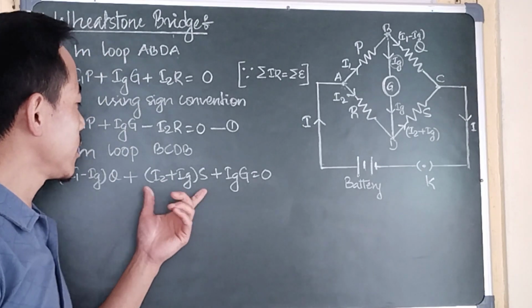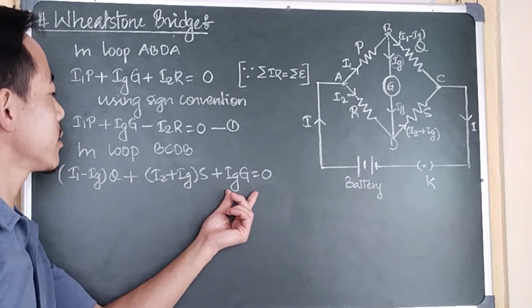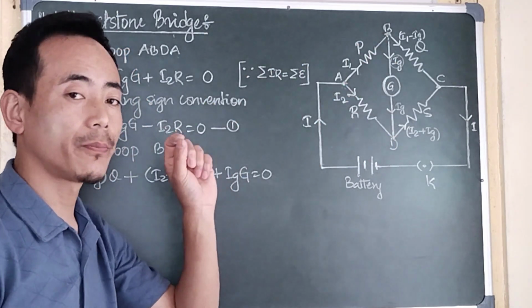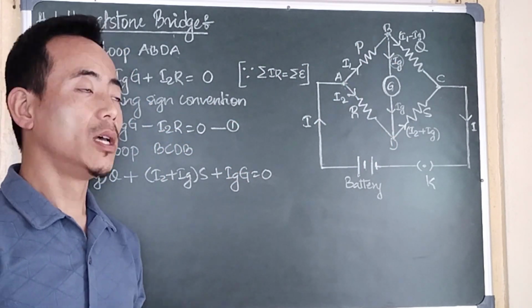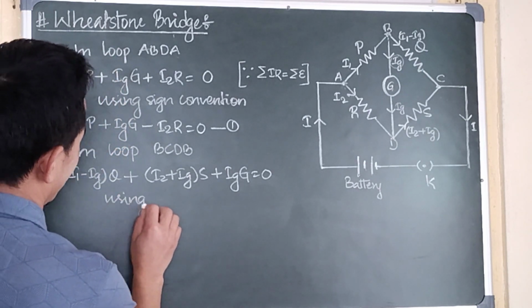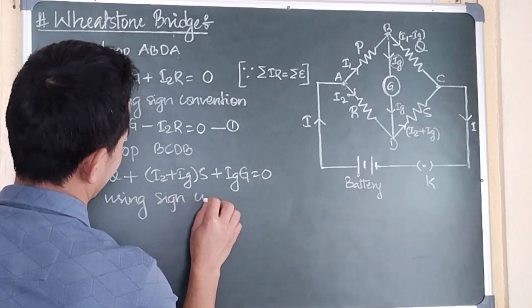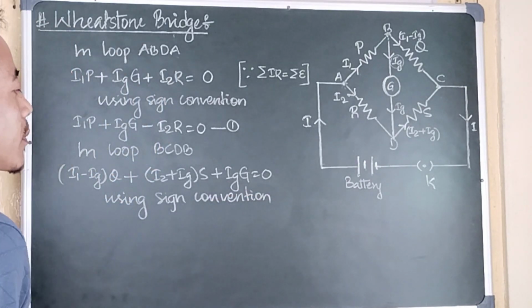So here you can see on the left hand side we have the sum of the product of current and resistances in the given loop BCDB, and since there is no EMF we have written the value as 0. Let's now use the sign convention. The rule for sign convention will remain the same for current.